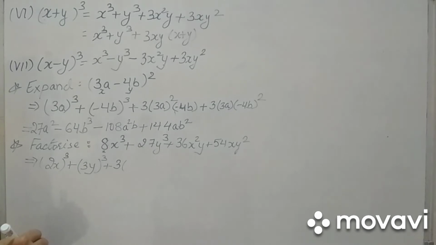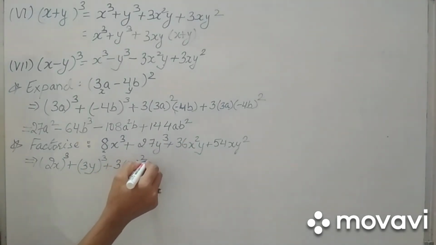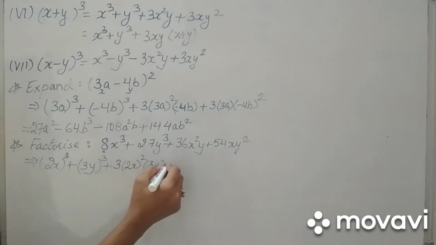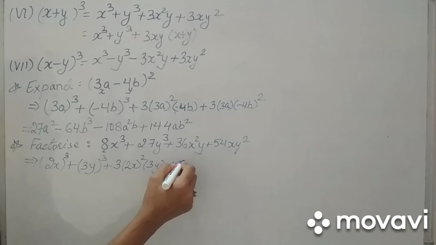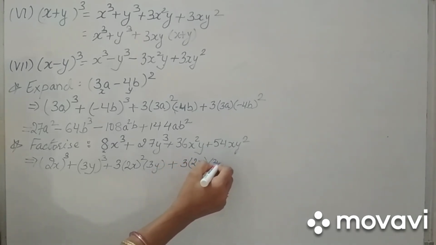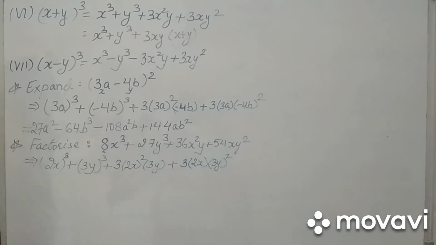Let's see, I am getting this 36x square y. 2x square and y is 3y, plus 3 into 2x and square of 3y.